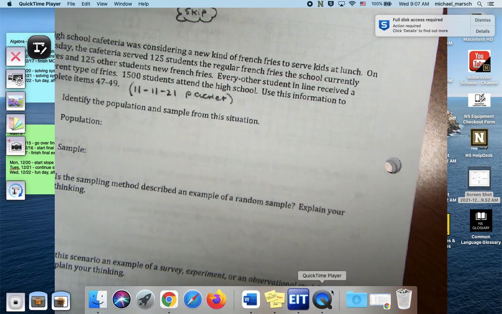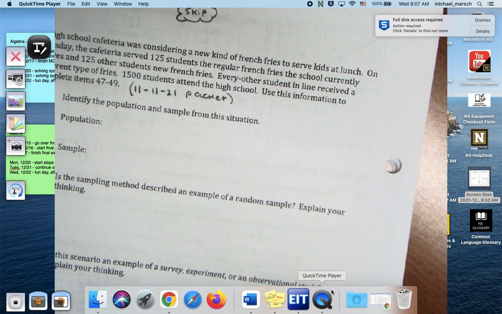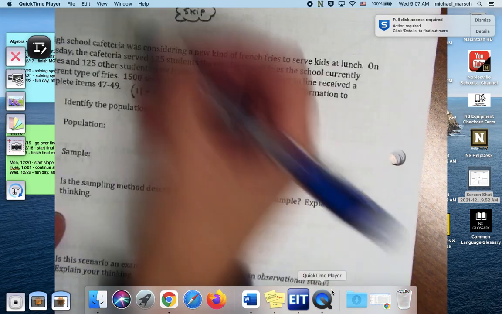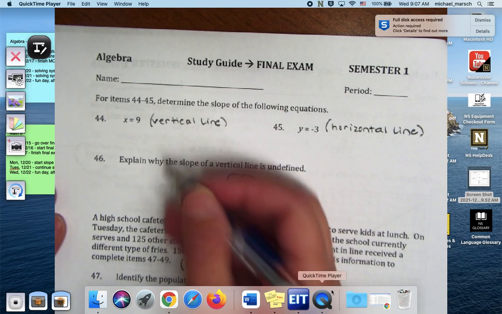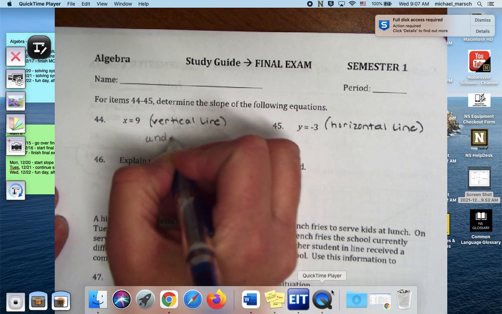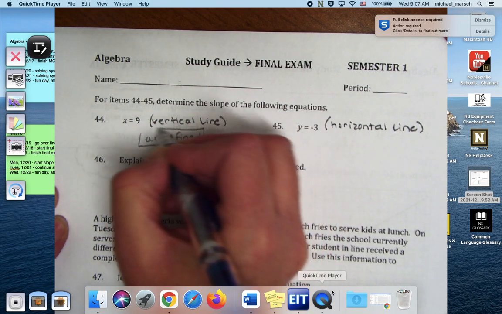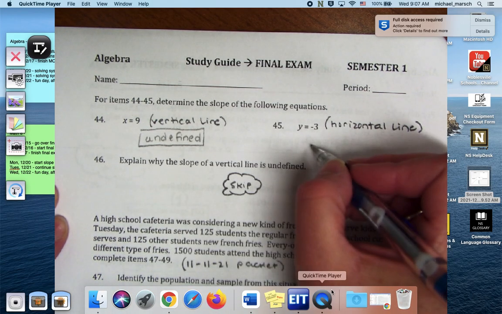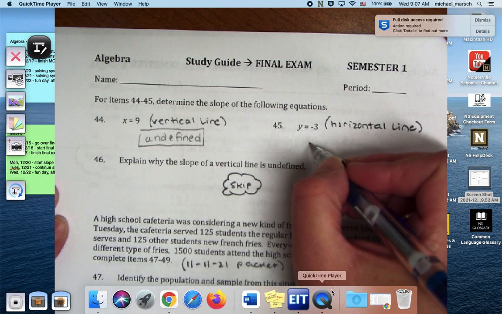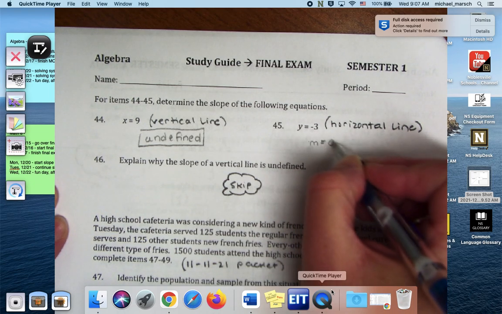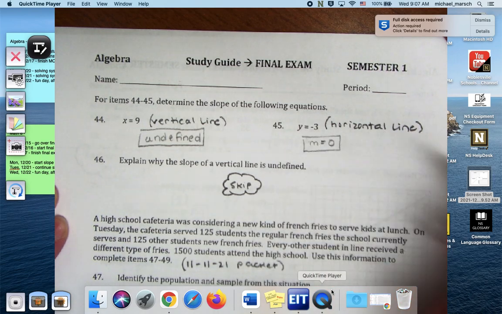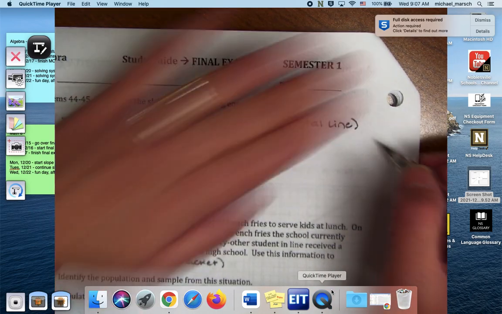Determine the slope of the following equations. Well, vertical line, Mr. Slope Face, so this would be undefined. Horizontal line of Mr. Slope Face, this is 0. Do you guys remember, or do you need me to draw Mr. Slope Face for you? I'm happy to.